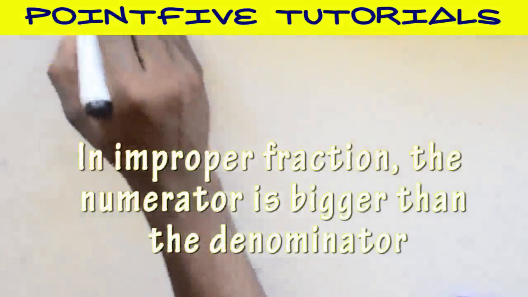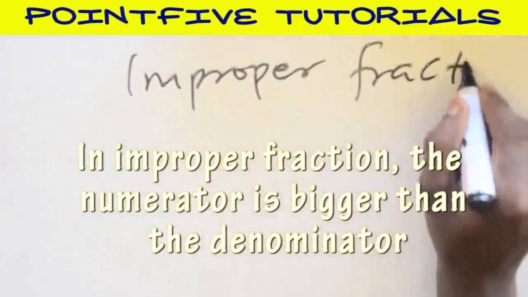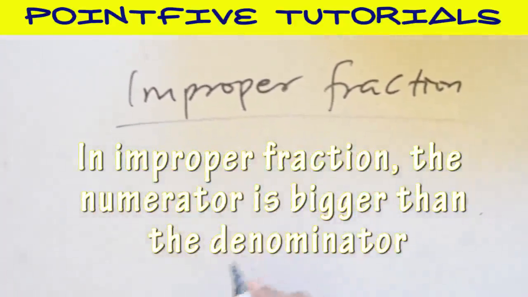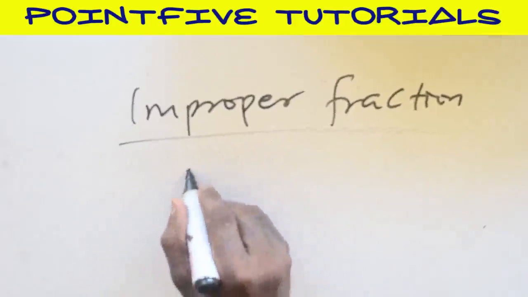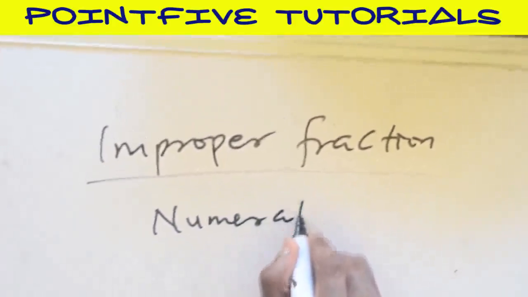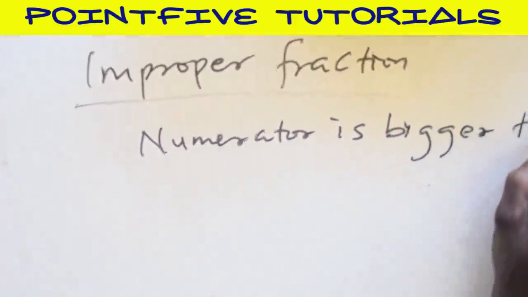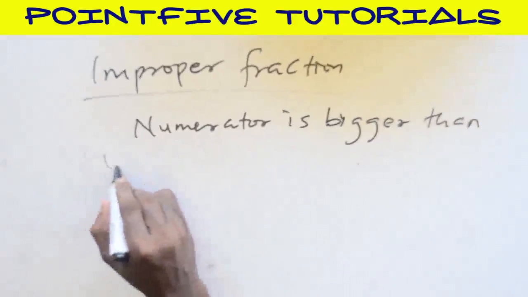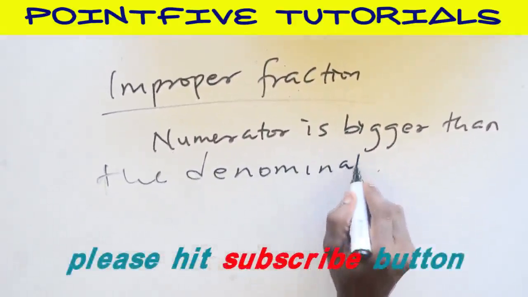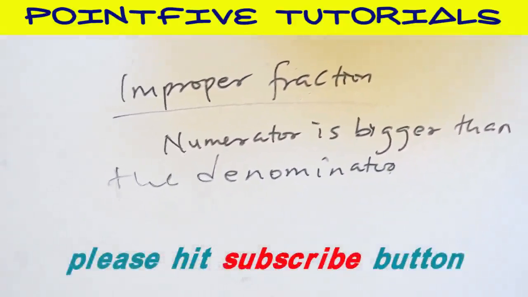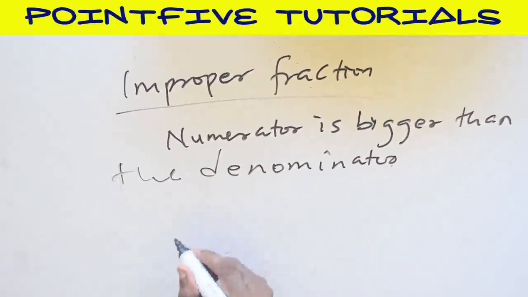So using improper fraction, you will understand that in improper fraction, the numerator is bigger than the denominator. So in other words, it is not proper for a smaller body to carry a bigger body.